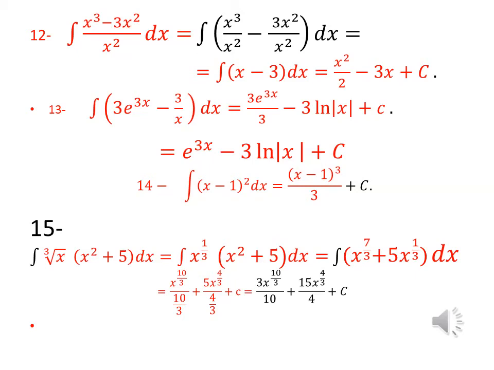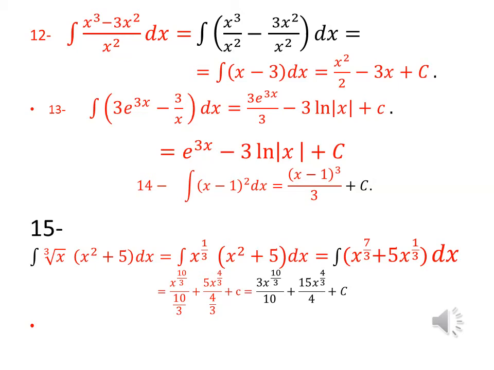Last example, number 15. Integration of the cube root of x times (x^2 plus 5). We can open these brackets.